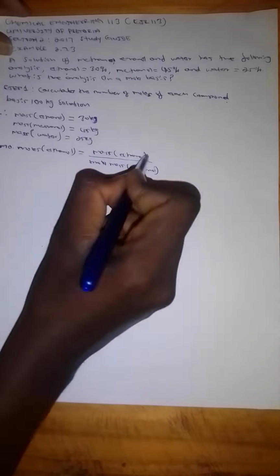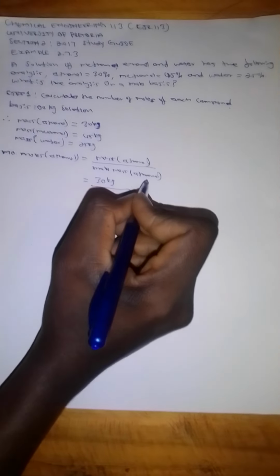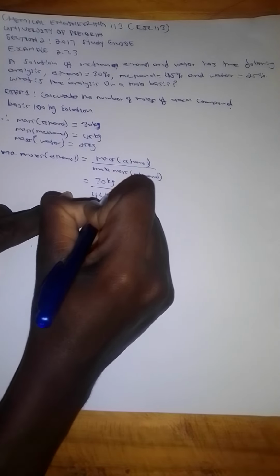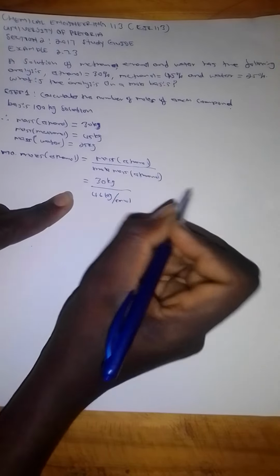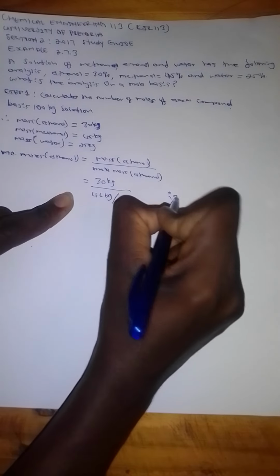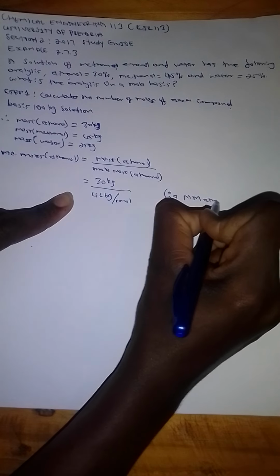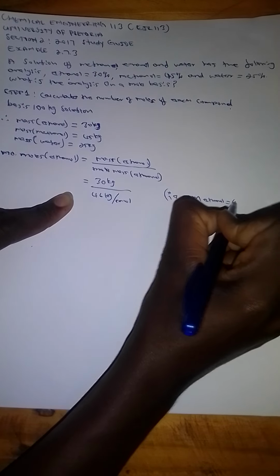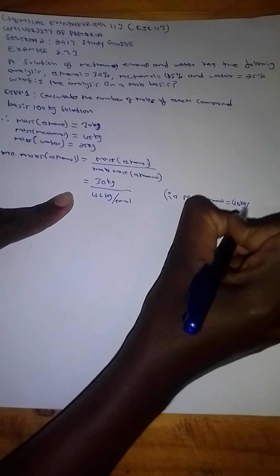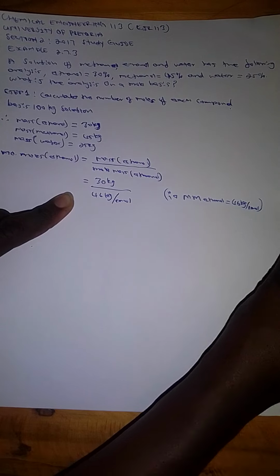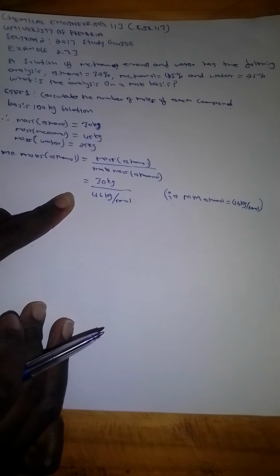The mass of ethanol is 30 kilograms over the mole mass of ethanol, which is 46 kilograms per kilomole. Let me write here that the mole mass of ethanol equals 46 kilograms per kilomole. I think it's clearly visible.